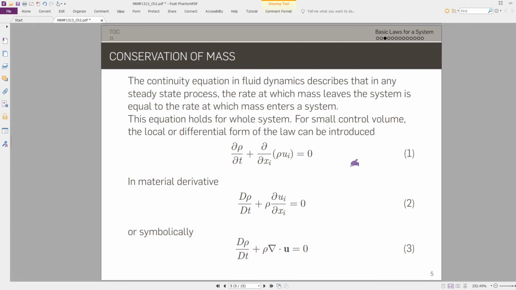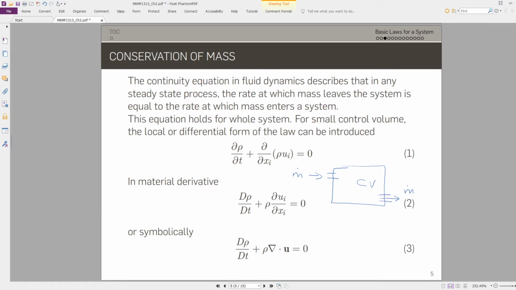So if we consider we have a control volume, then we supply the mass into our control volume. So the mass will remain the same as it enters and as it leaves our control volume. This is what is described by the conservation of mass.